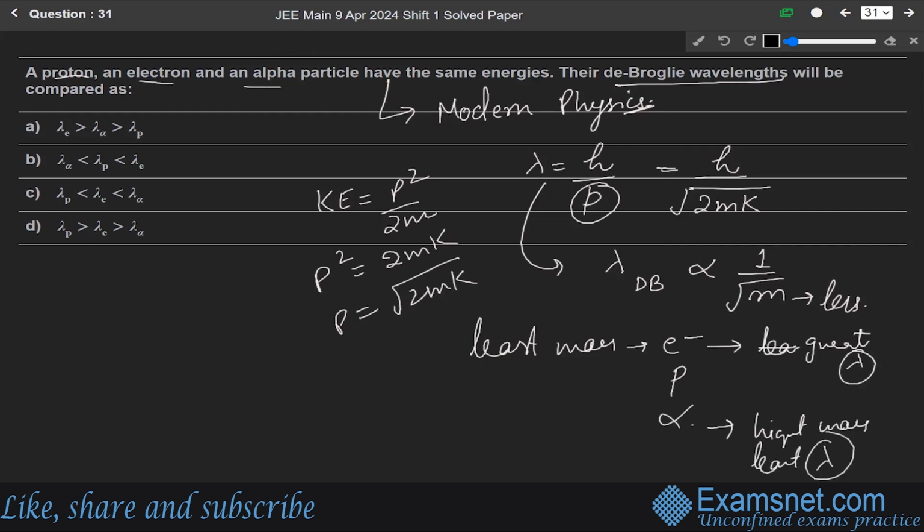So in this case, lambda of electron will be greater than all of them, then lambda of proton, and then at last lambda of alpha particle.